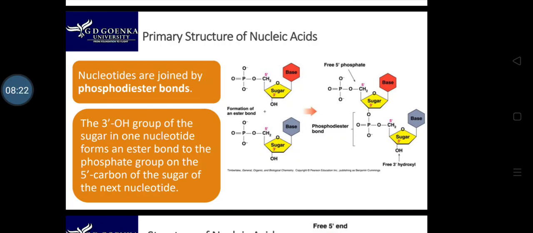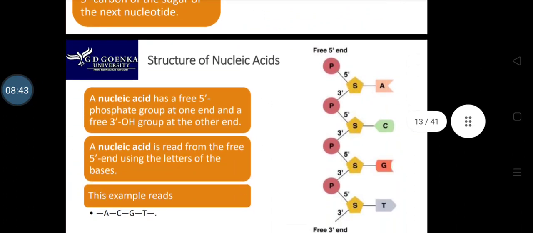In the first nucleotide you can see at the 3 prime position there is an OH group present on the sugar, and this will bind with the phosphate group of the second nucleotide and create a phosphodiester bond.